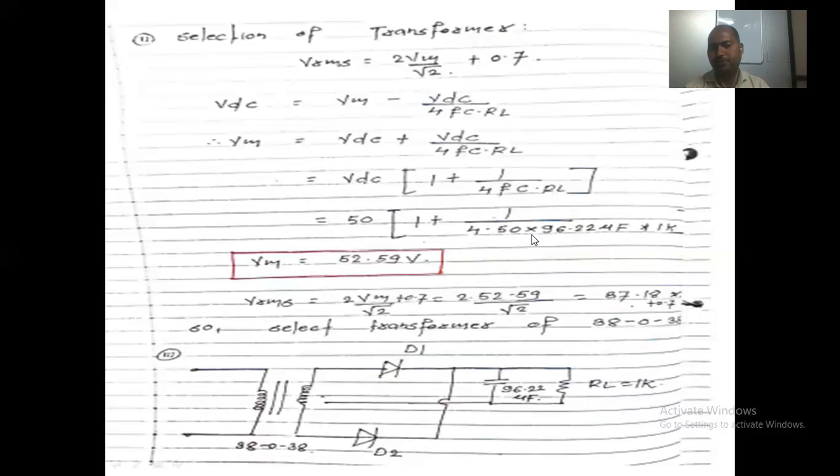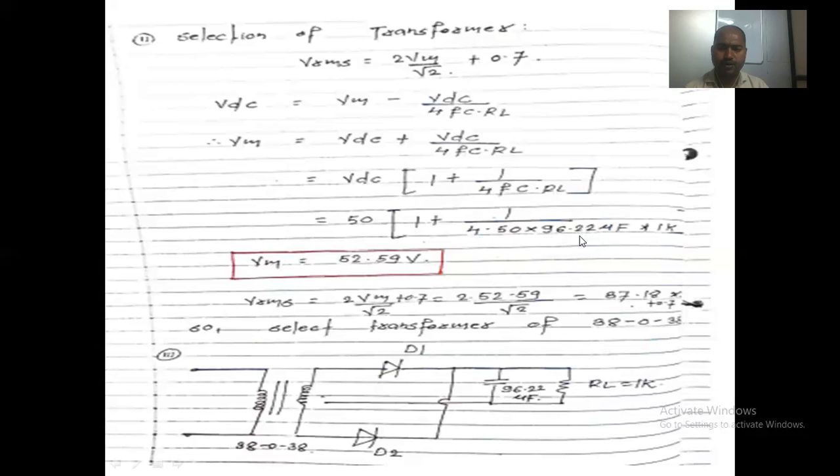When you solve the problem, do not do everything at a time, because sometimes we don't use the bracket and then the whole calculation becomes wrong. That's why only calculate this value initially: 4.60 into 96.22 into 10 raised to minus 6. Tell me that value.